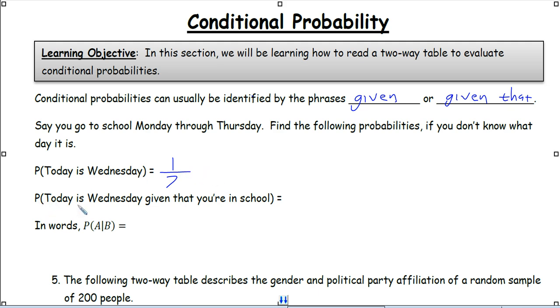What is the probability today is Wednesday if we're given that you're in school? If you know we're in school, that means it's Monday through Thursday, which is 4 days. So of those 4 days, one of those days is Wednesday. That's the difference between a regular probability versus a conditional probability.